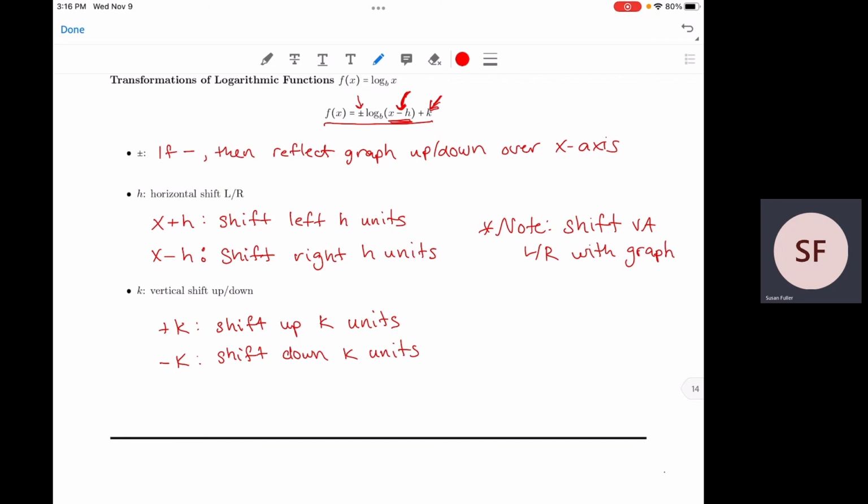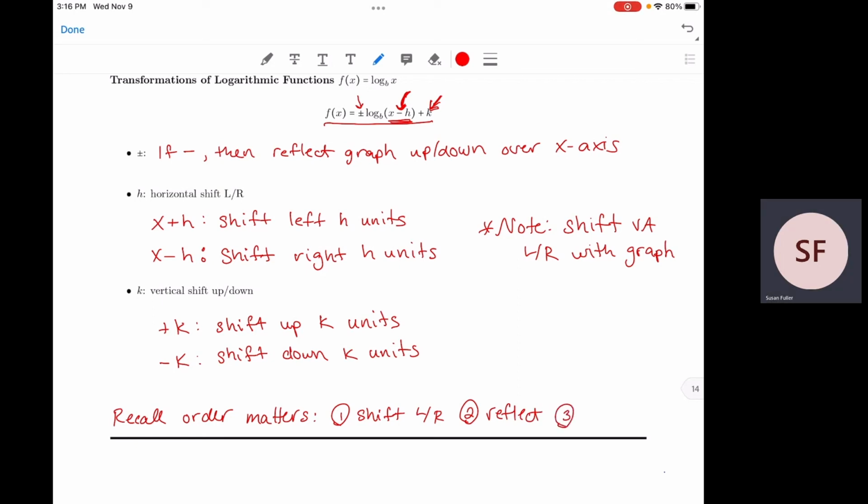I also want you to remember that order matters. The order in which we perform these transformations does matter. And so the first thing that you want to do is your horizontal shifting. So I want you to shift left and right first. The second thing I want you to do is those reflections, if you have to reflect across the x-axis.